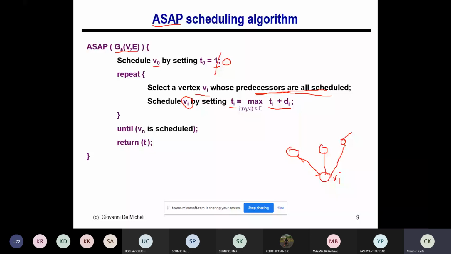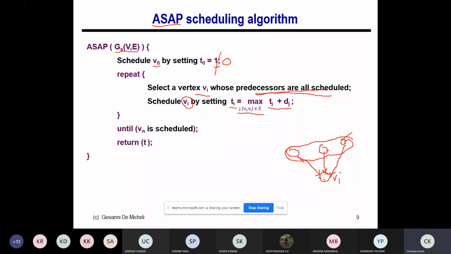That means all its predecessors are already scheduled, each with its time step Tj, plus its execution time Dj. So the start time of Vi will be the max of Tj plus Dj, among those predecessors. Whichever takes the maximum time, my Ti will be that value.